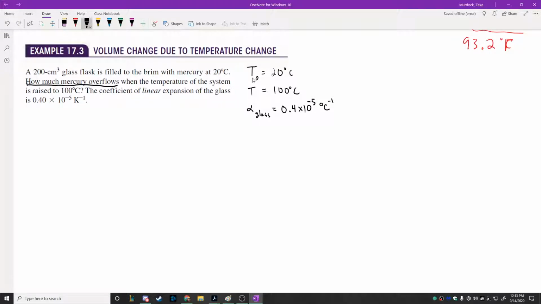And in this problem, we're going to think about both objects expanding, just like we did in the last problem. The relationship we'll need for this is that the change in volume is equal to beta times the initial volume times delta T, where that beta is equal to 3 times alpha, and alpha is what's given here.